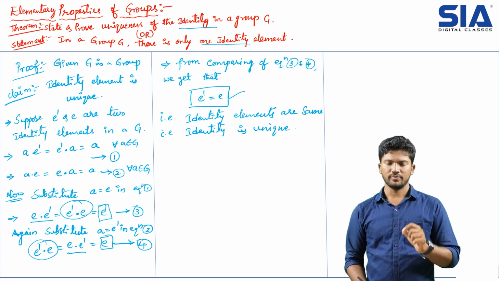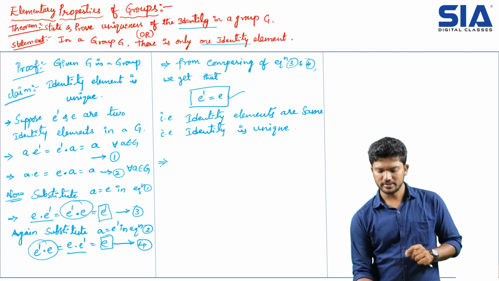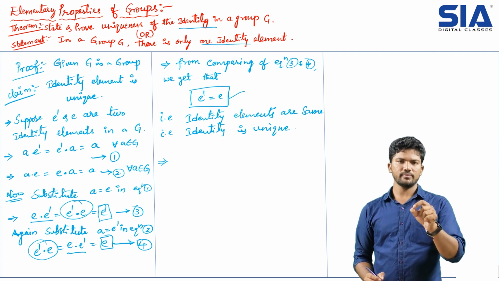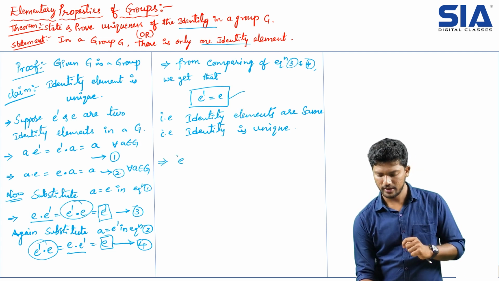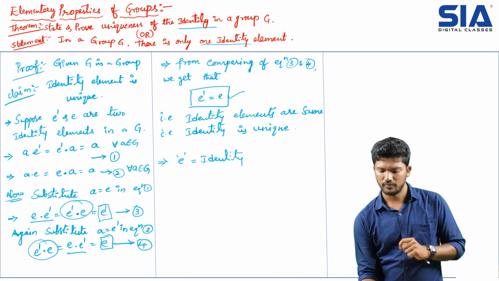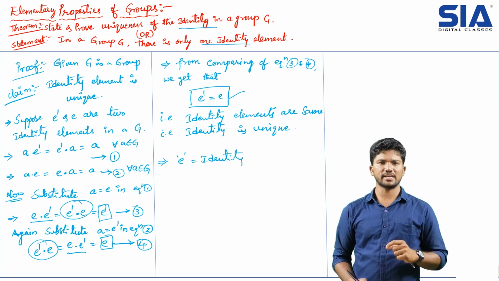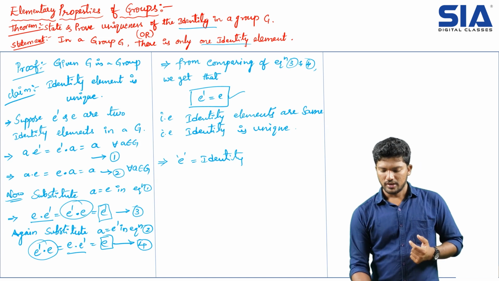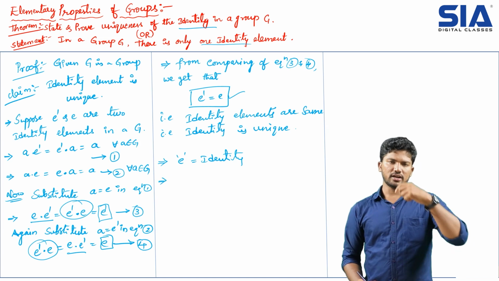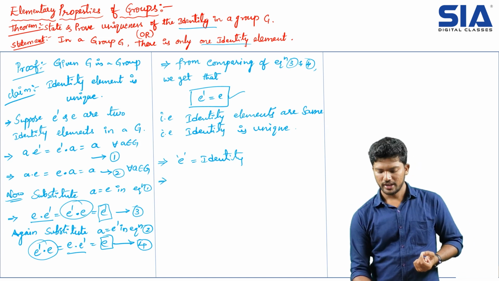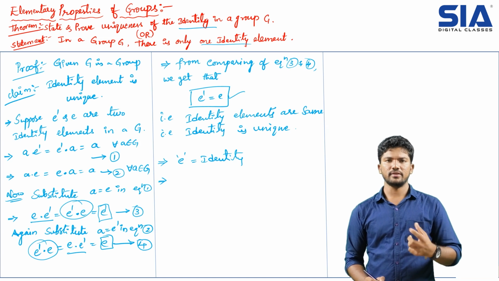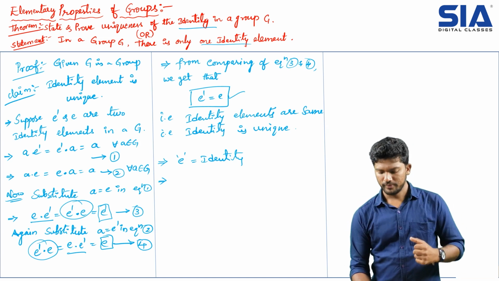Here you also need to know why we choose small e for identity. The historical explanation is that at the start of the 19th century, German mathematicians were dominating algebra.